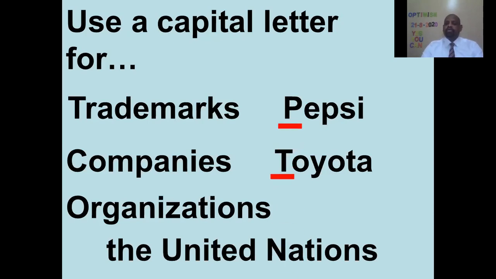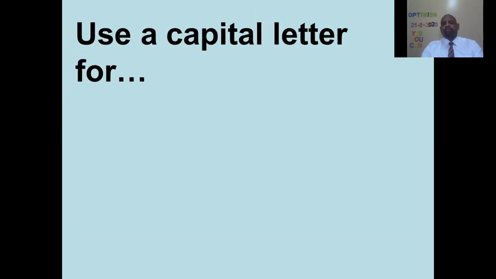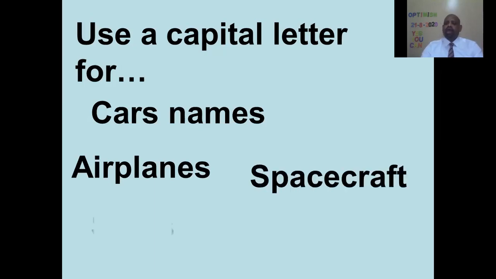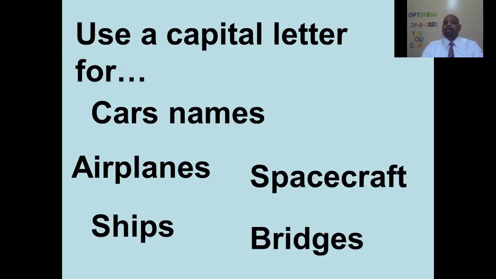Capital R, capital C, capital U, capital N. Why is "the" not capitalized? Because, as I mentioned, it's not a part of the name. Use a capital letter for car names, airlines, spacecraft, ships, and bridges. Capitalize the first letter when you mention a car name, airlines, spacecraft, ships, bridges.